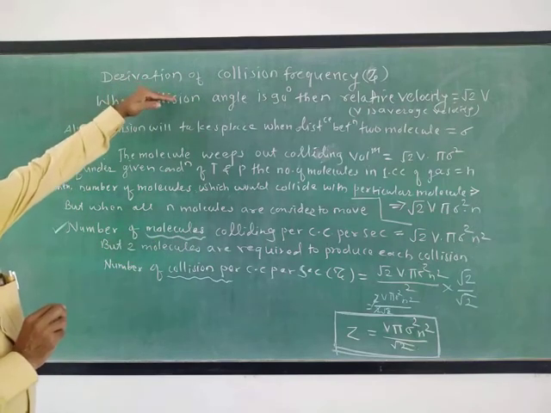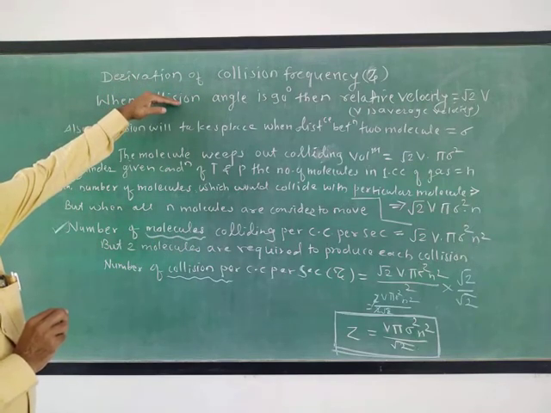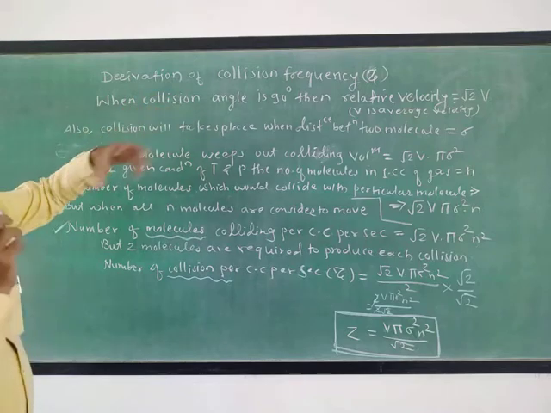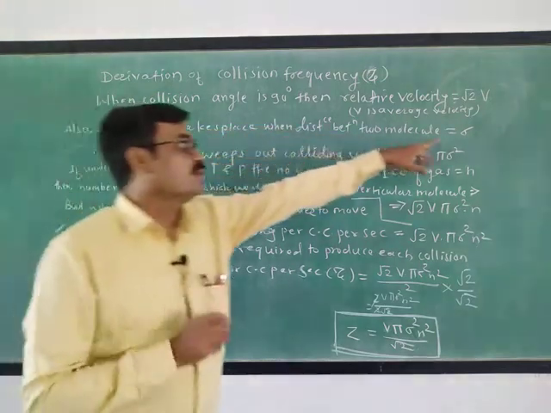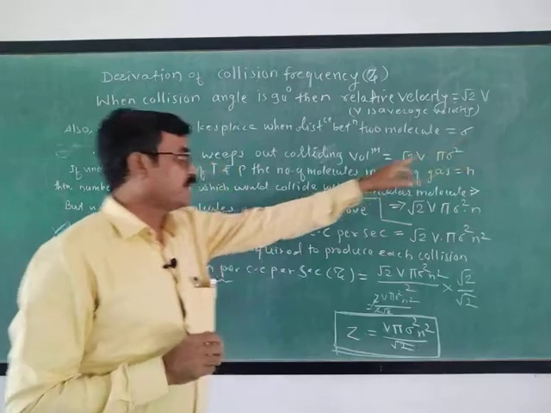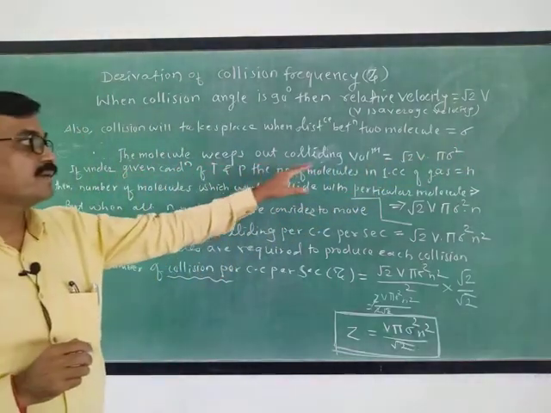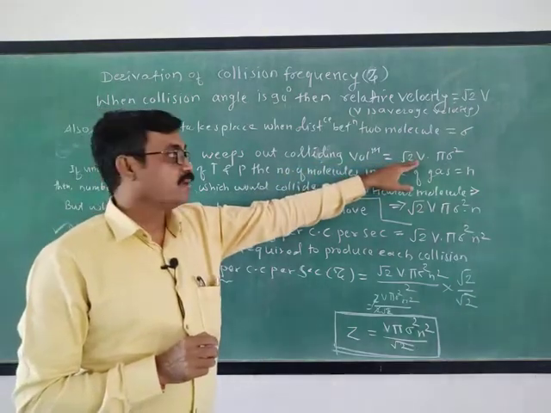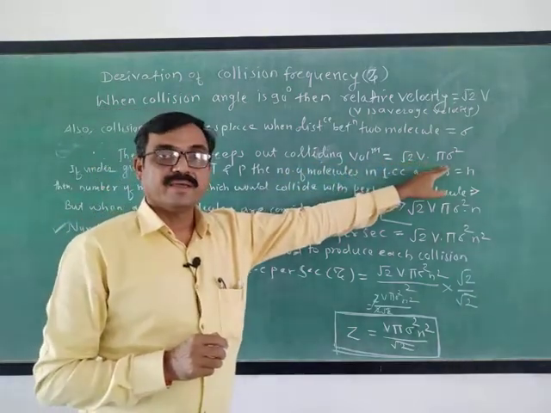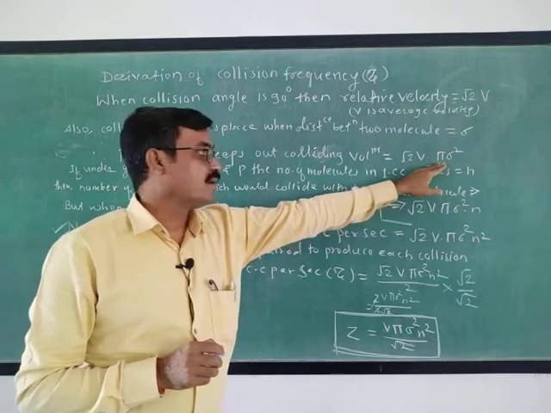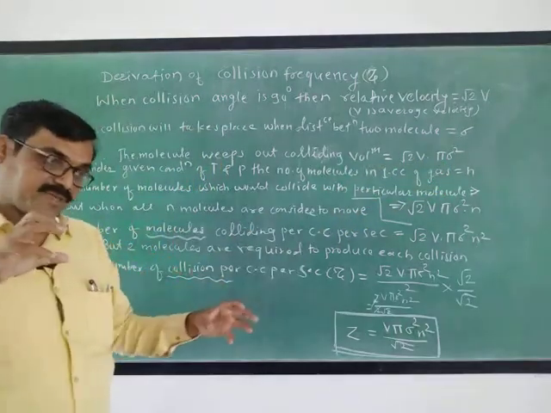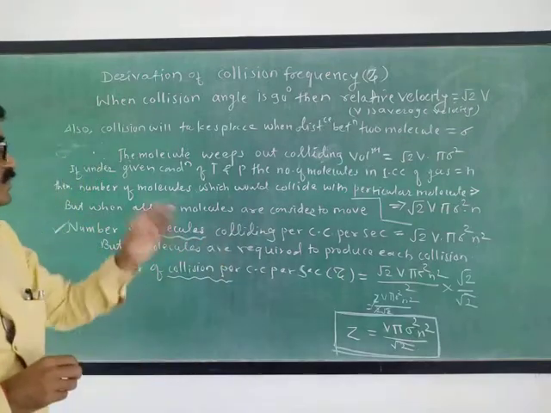Initially you know the relative velocity of a molecule must be √2 v when the collision angle is 90 degrees. Later, for a collision, the minimum distance should be the collision diameter. Then the volume swept by the colliding molecule is the relative velocity multiplied by the area of a circle, because the molecule is considered a sphere, but this swept volume is circular.